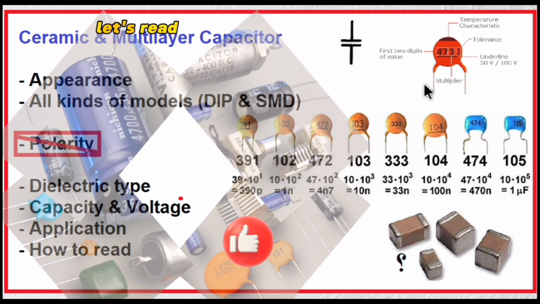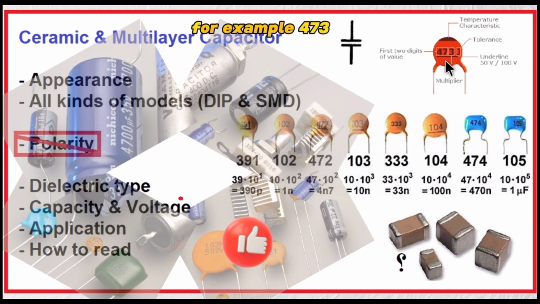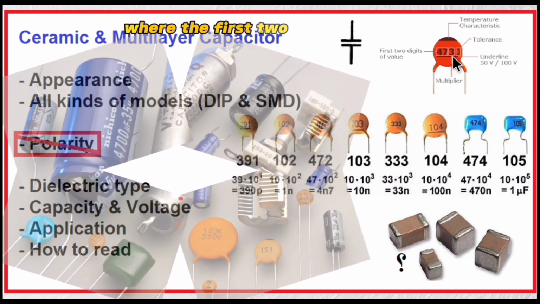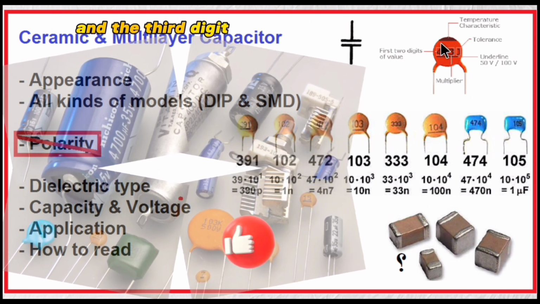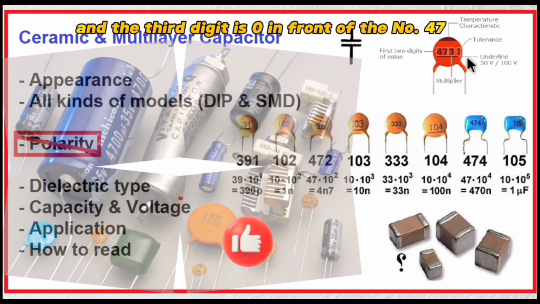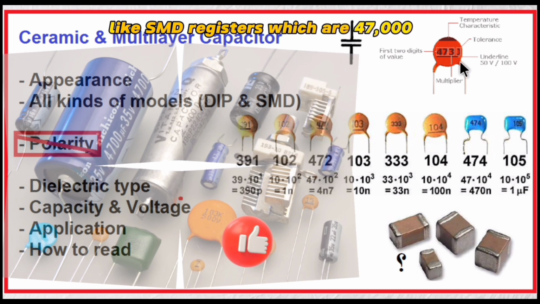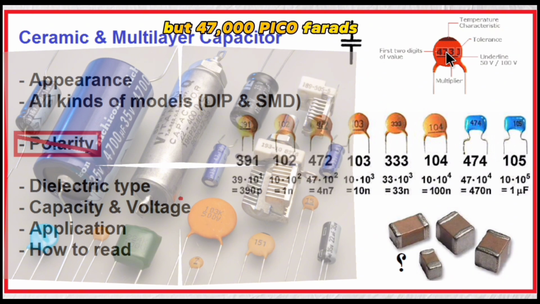A three-digit number is displayed, for example, 473, where the first two digits are 47 and the third digit is 0, meaning zeros after the number 47, like SMD resistors, which are 47,000 but in picofarads: 47,000 picofarads.